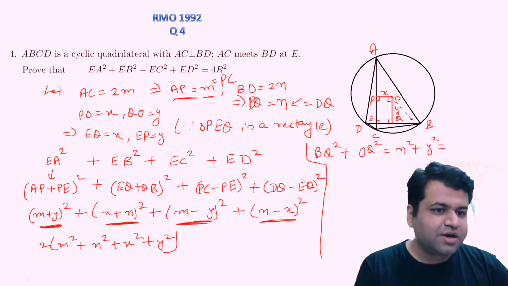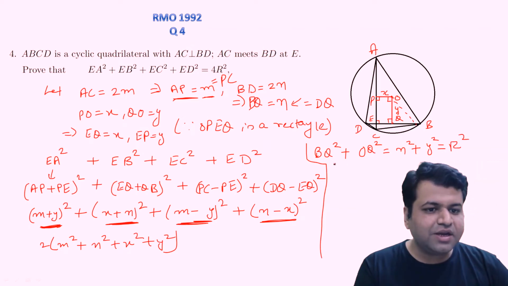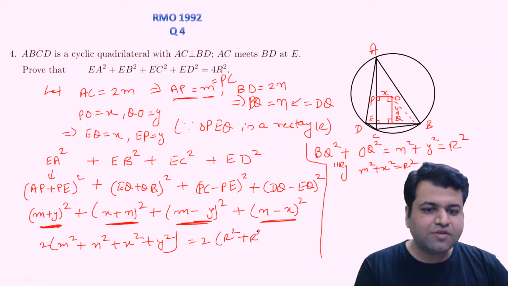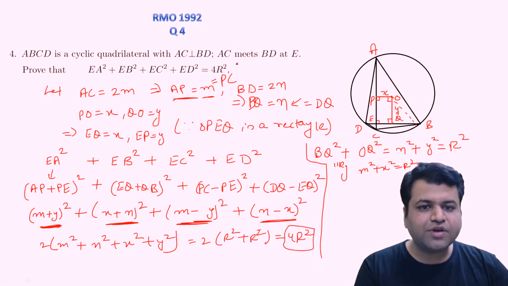That will be the radius of the circle, so that will be r square. Similarly, you can say m square plus x square is again r square. So what we got is twice of r square plus r square, which is nothing but 4r square. That we needed to prove, right?